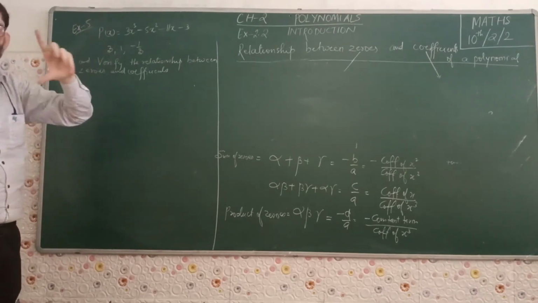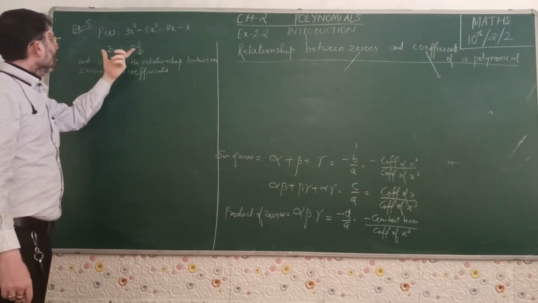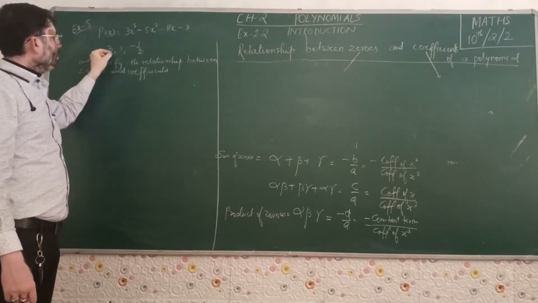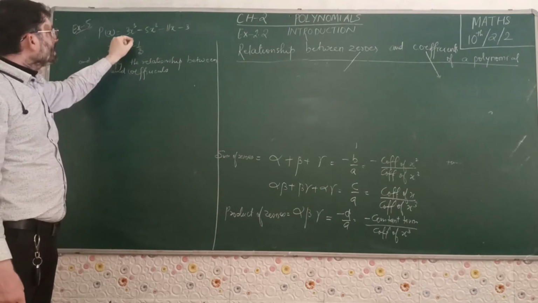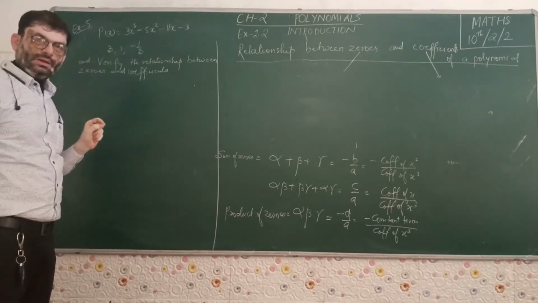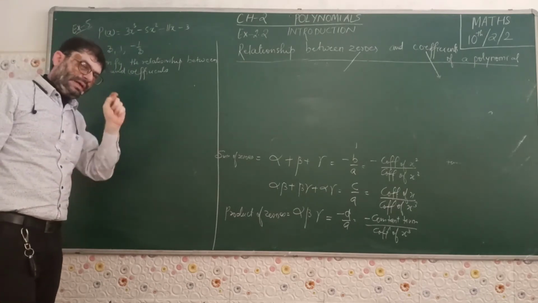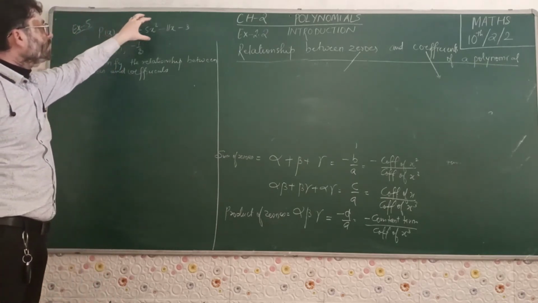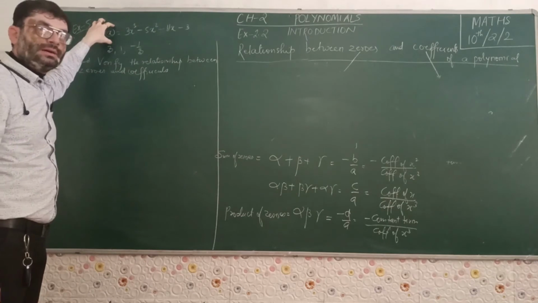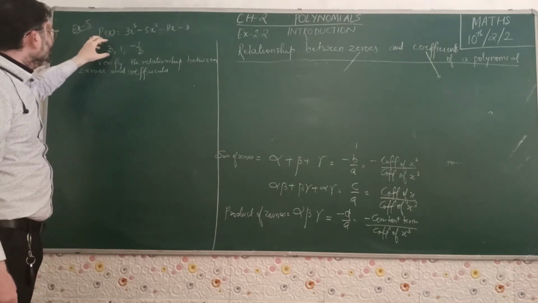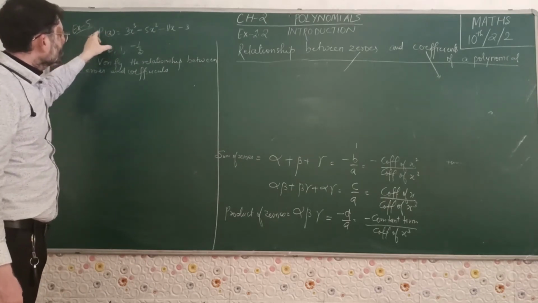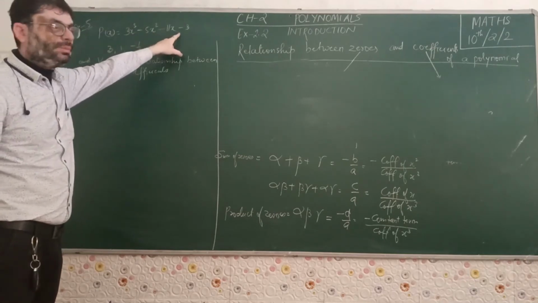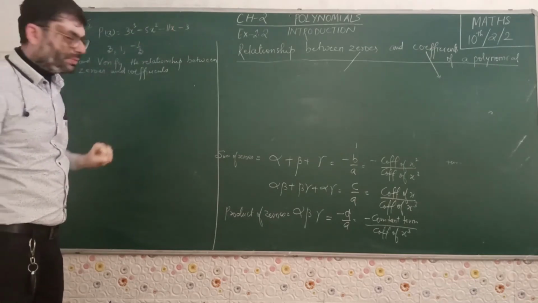Now, let us move on to the first part. We have to verify that 3, 1 and minus 1 by 3 are the zeros of the polynomial. What do we mean by zeros of the polynomial? As we have discussed, if you substitute these values in place of x, the polynomial becomes 0. Putting x equals 3 in the given polynomial, you will get the value of p(x) to be 0.